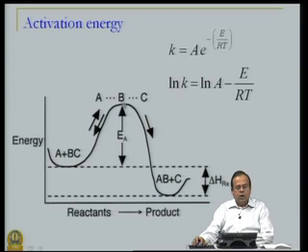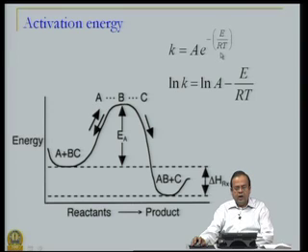For example, a transition complex such as ABC is formed from A plus BC, and then this complex breaks down to give you AB plus C. In formation of this complex an energy barrier of magnitude E A, the activation energy, has to be crossed, and unless this barrier is crossed the reaction cannot proceed, and hence the rate of reaction depends on temperature in this particular manner. That is his idea.